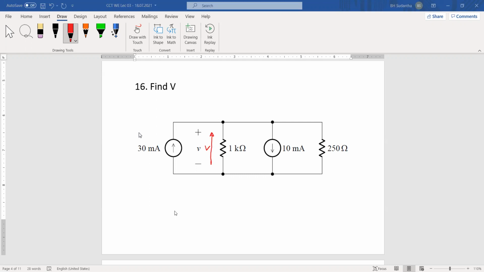Okay, have you tried this one? How can you find this? Shall we take this current as I1? Then here you have I1 plus 10 milliampere current.